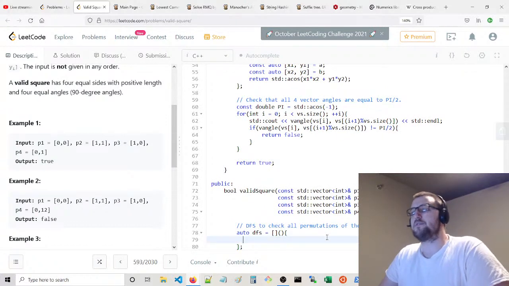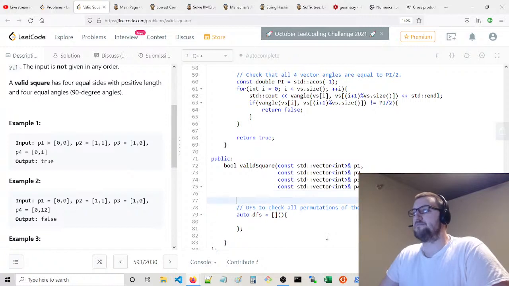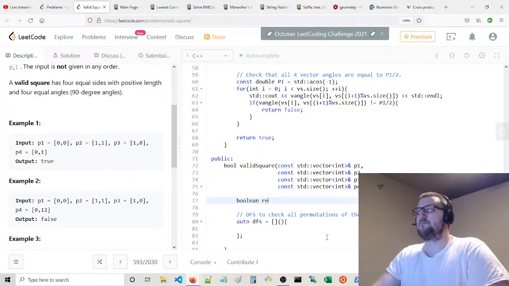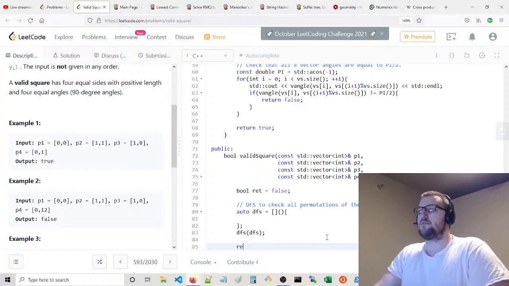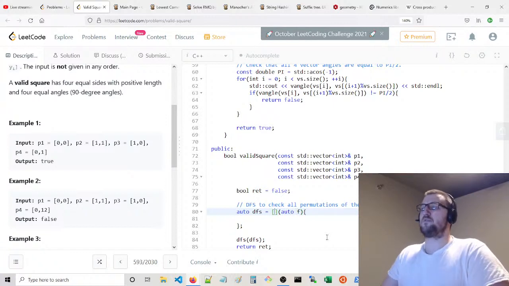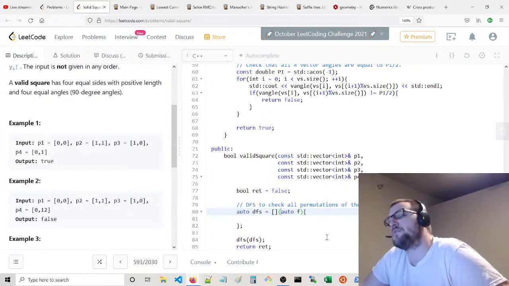Gotta think about that too. All the permutations, huh?